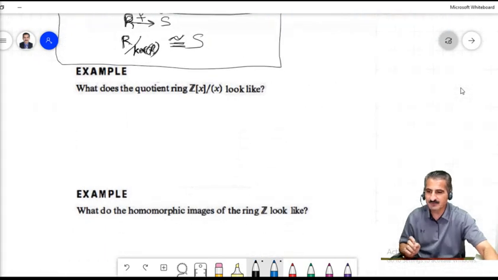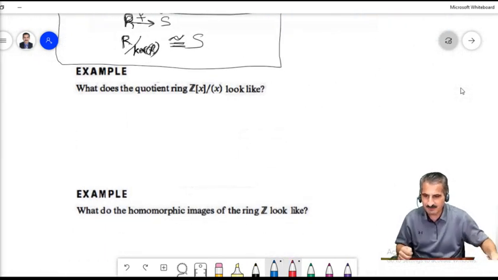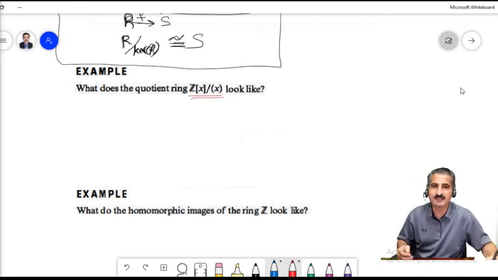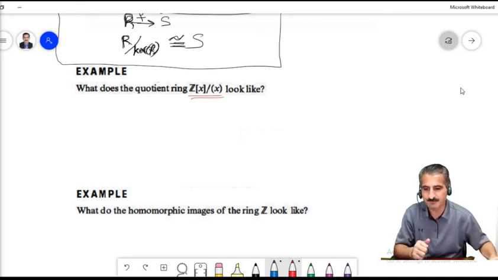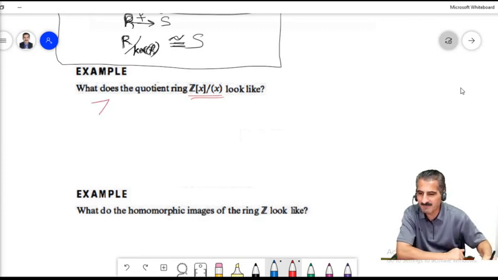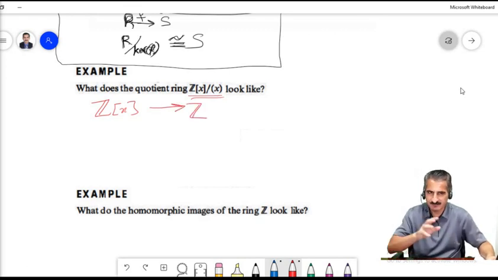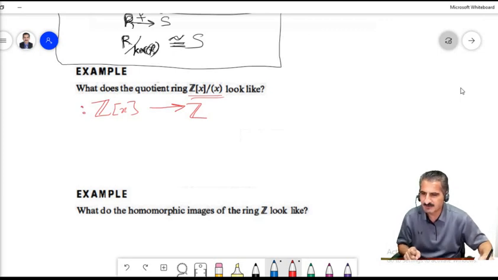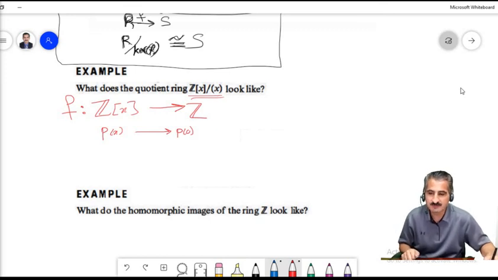Okay, so let's see what the quotient ring looks like, and this quotient comes after the isomorphism theorem. Remember, we have a map from Z[x] to Z. It was real numbers that we have seen, but let's take it this way: define f by taking a polynomial and sending it to its image at 0.